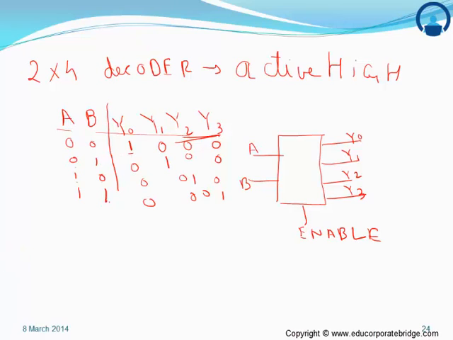Similarly, for active low, the block diagram will be for 2:4, two inputs. The active low decoder is represented with a bubble. This bubble denotes active low.